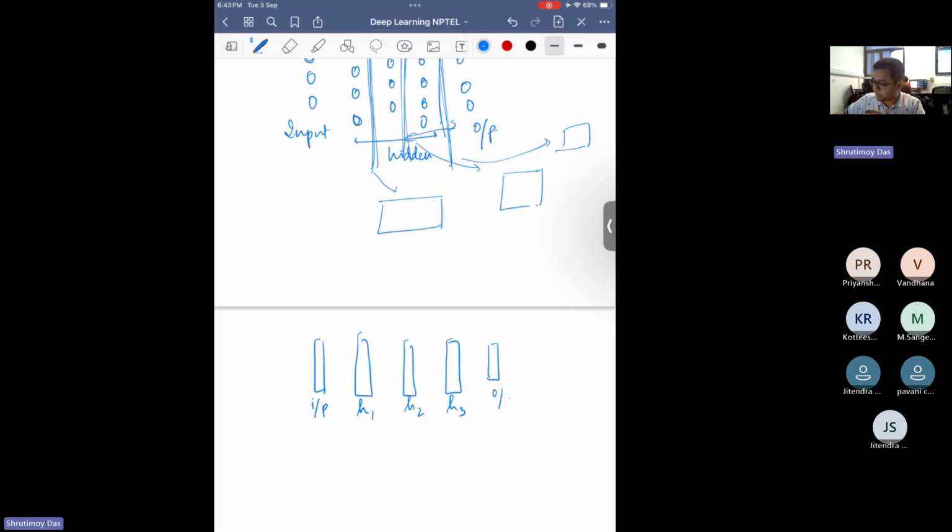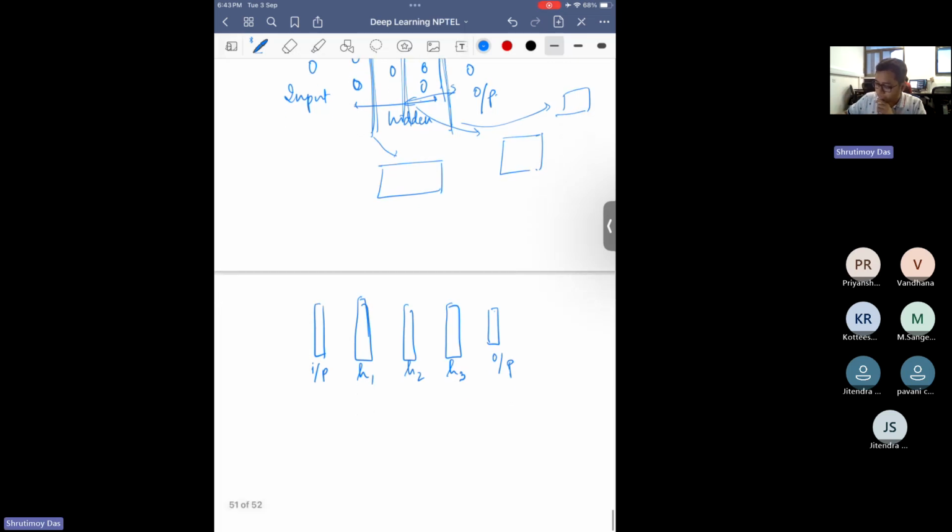This is not an encoder or decoder, just a simple neural network. So what do they learn? Suppose I give you an image of a cat, something like this.